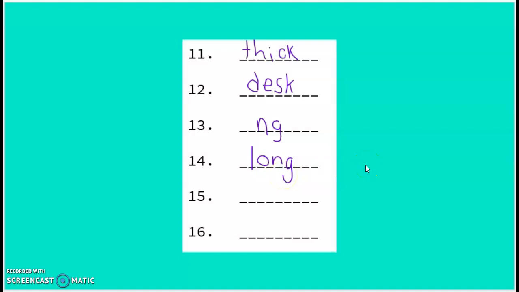Number 15, thing. T-H-I-N-G. Thing. Number 16, sang. S-A-N-G. Sang.